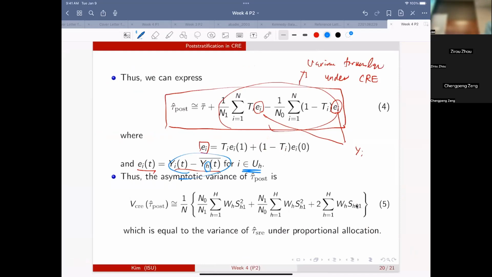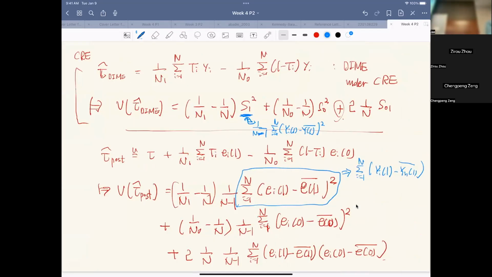So that means you cannot really write it this way. You actually need to partition the population into parts, with a double summation, h equal to 1 to H, i in stratum h. Once you do that, this term should be 0, because it is the overall mean adjusted by the stratum mean. If you take the summation over h, it will be 0. So overall it should be 0 too.